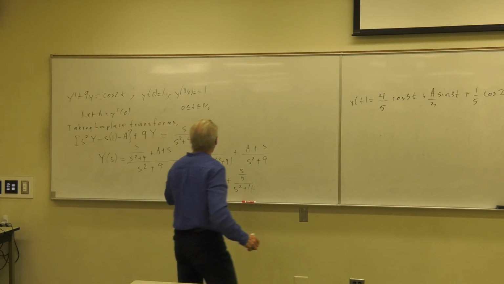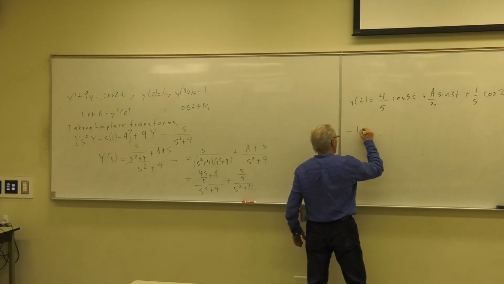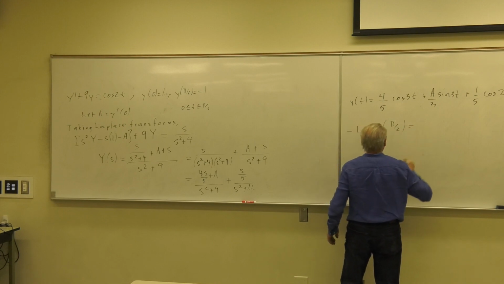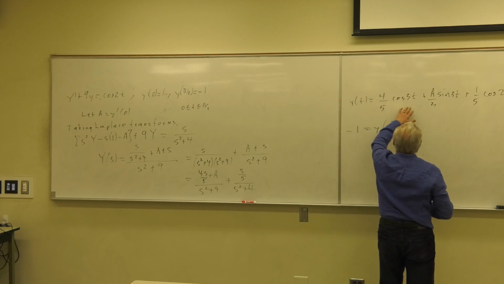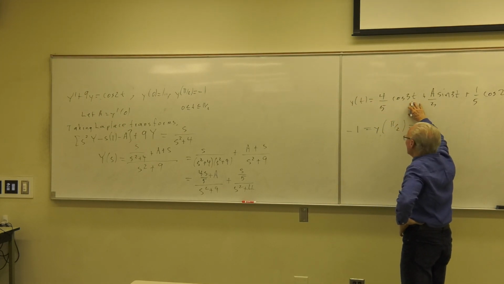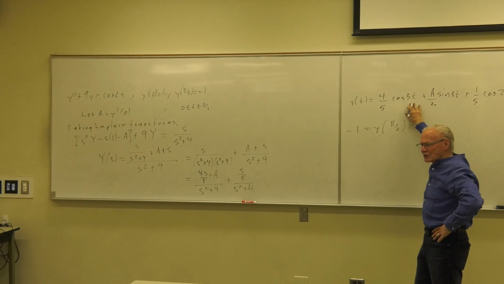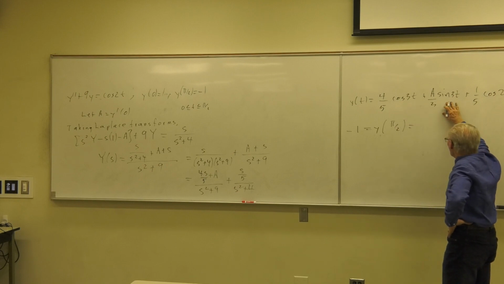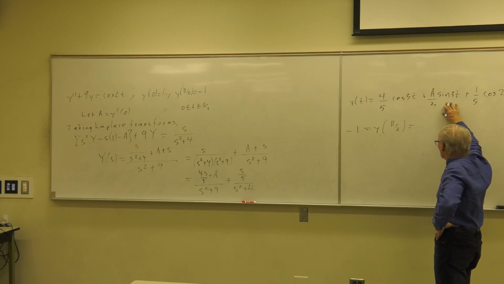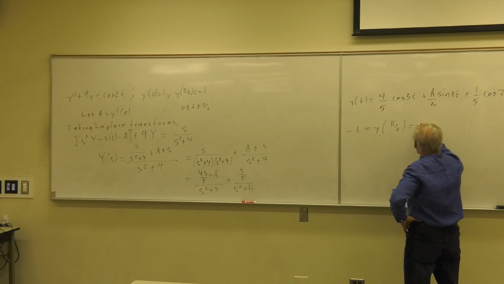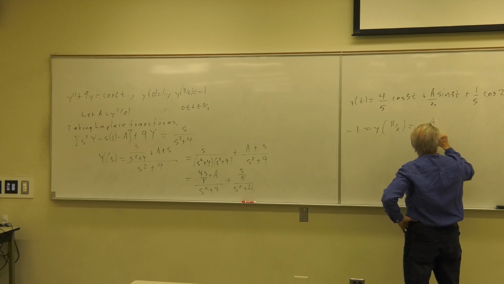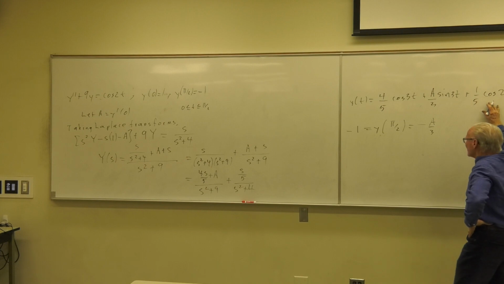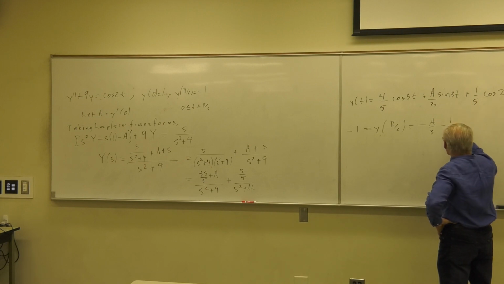There it is. So now we can say that minus 1 must be y at pi over 2. So let's plug in pi over 2. We'd have the cosine of 3 pi over 2, that's 0. We'd have the sine of 3 pi over 2, that's minus 1, minus a over 3. Then we'd have the cosine of pi, that's minus 1, minus 1 over 5.